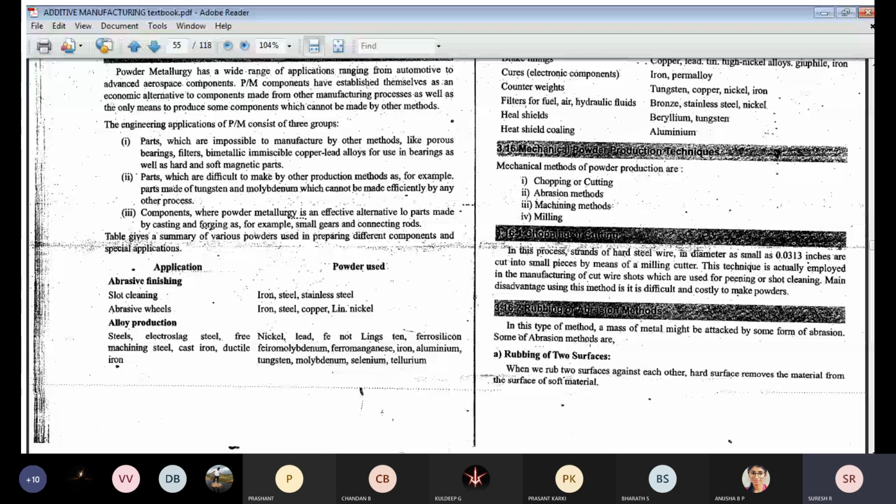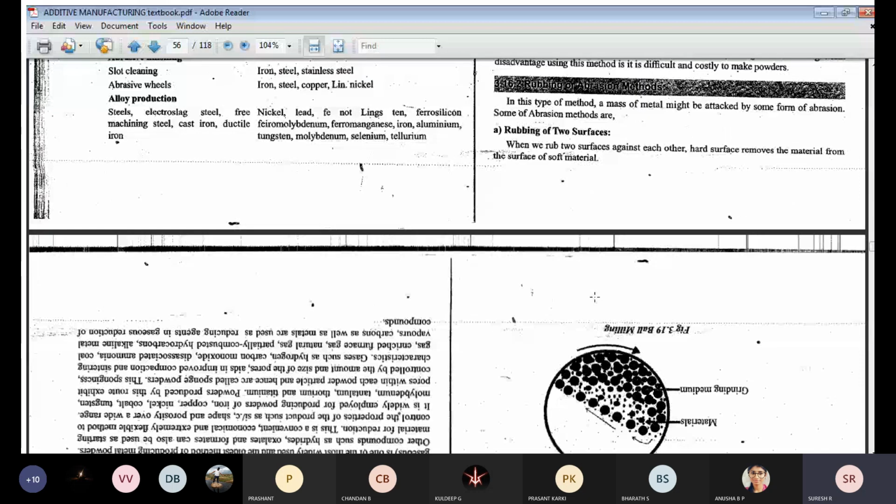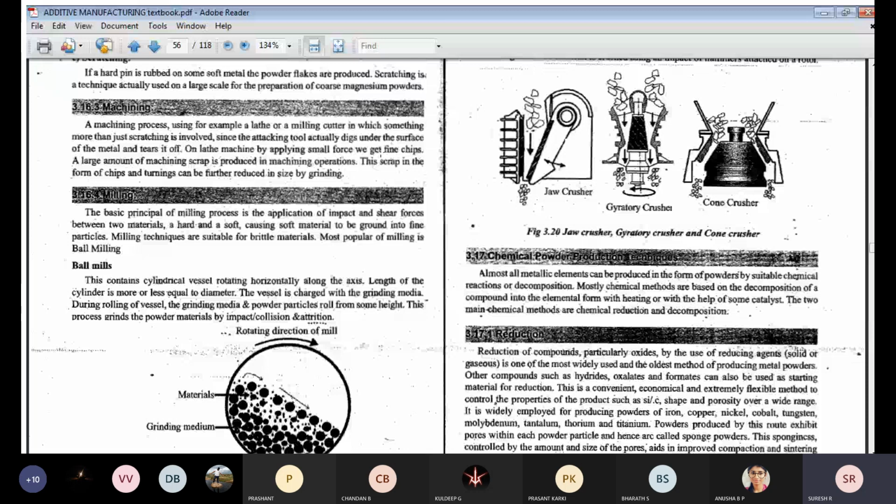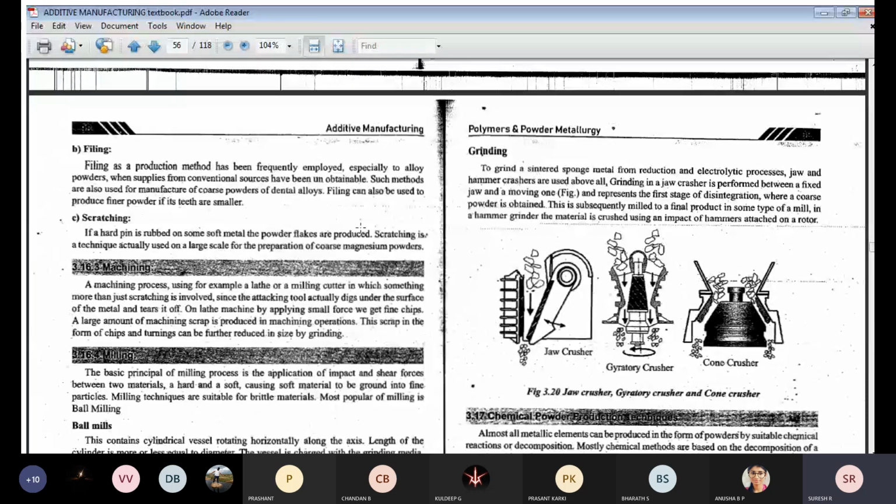When supplies from conventional sources are unobtainable, such methods have been used to manufacture coarse powders of dental alloys. Filing can also produce finer particles if its teeth are smaller, but we can't produce fully fine powders with filing, just coarse particles.